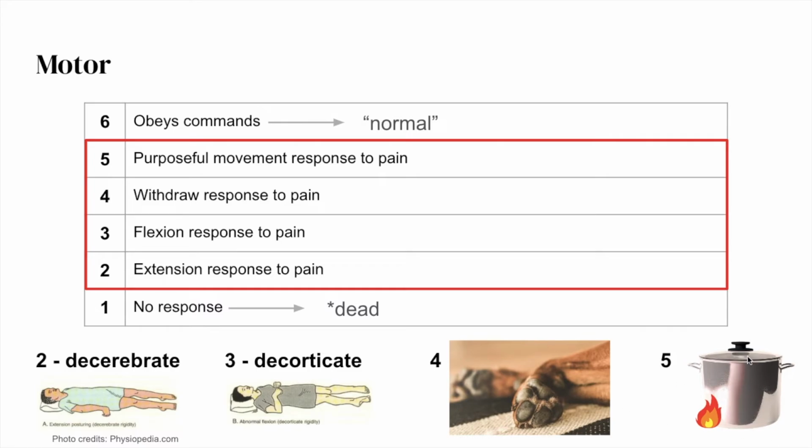Number 5 has this purposeful or intentional element in response to the pain. This reminded me of when I'm cooking and I grab the handles of a pot after it's been on the stove or burner for a while. It can actually be quite hot, and I will intentionally withdraw my hand as fast as I can to get away from that pain.